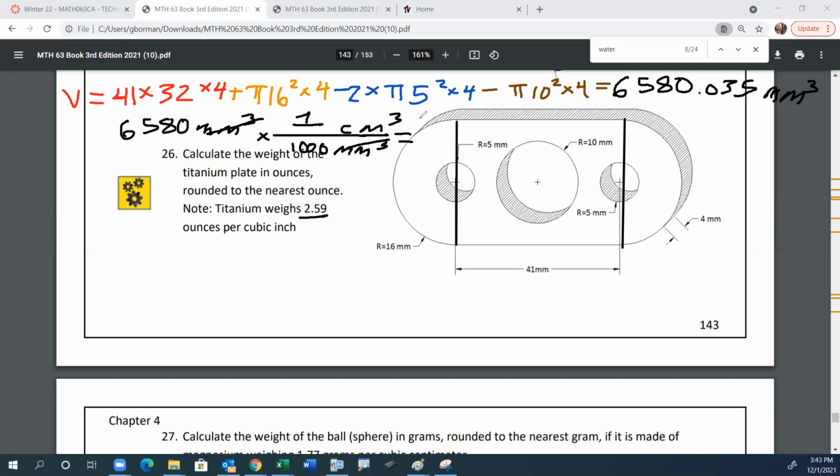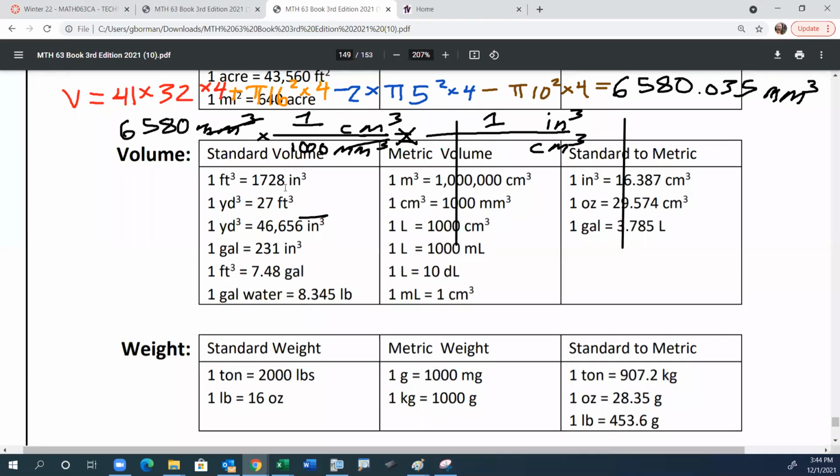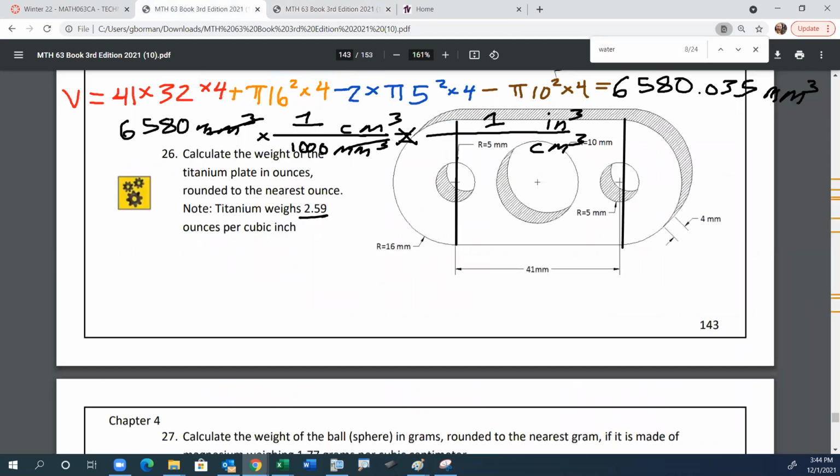And then I'll just keep multiplying. All right, so then we need to get rid of the cubic centimeters, go to cubic inches. 1 cubic inch is 16.387 cubic centimeters.